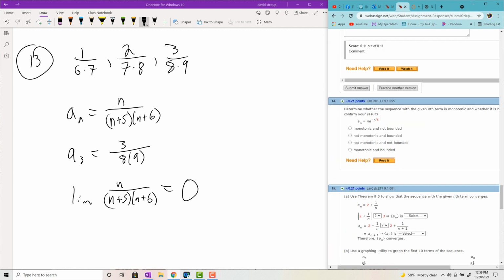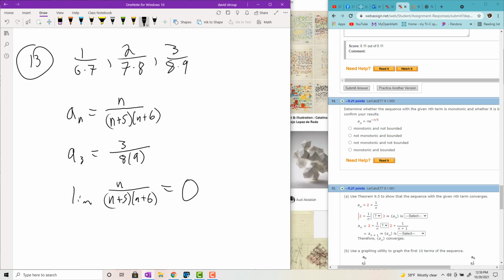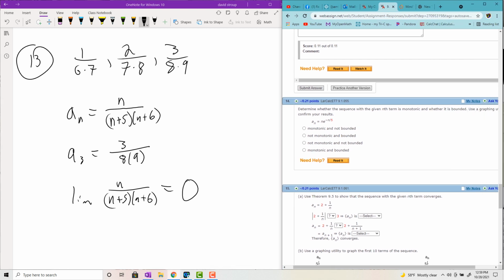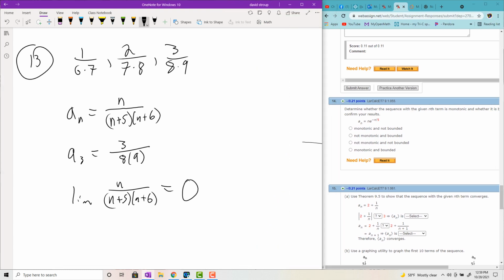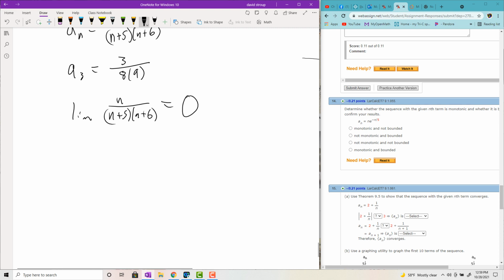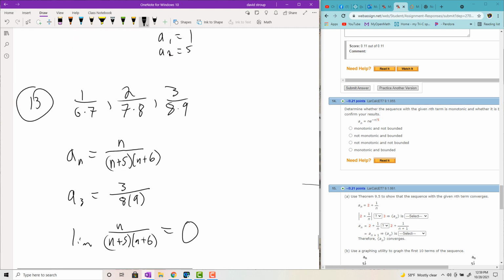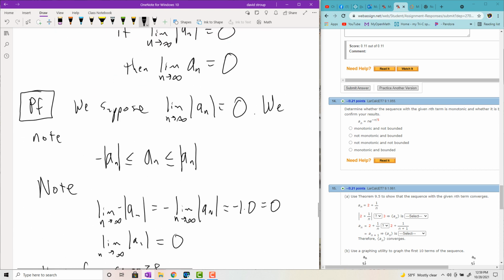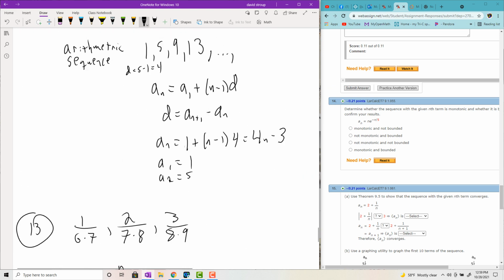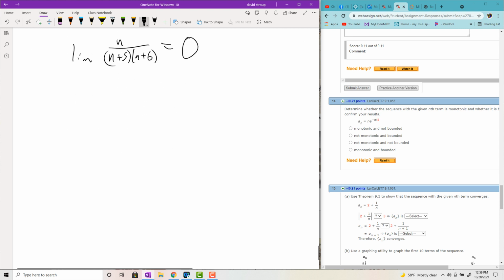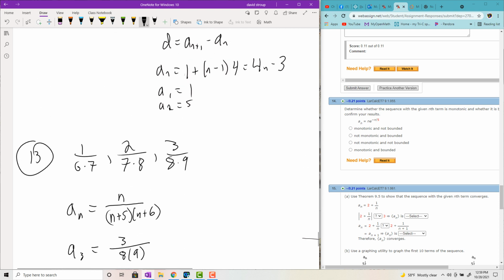Anyways, from that point, you see something about monotonicity. Determine whether the sequence with the given nth term formula is monotonic and whether it is bounded. Okay, so at this point they're going to get into more proof-type stuff. With some of these sequences, it may be impossible to determine where they converge.